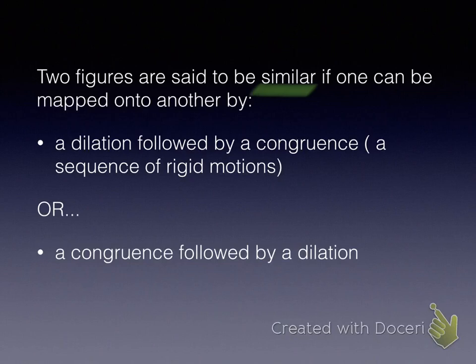Okay, so we're going to look at several examples now, and you're going to pull in what you did from Module 2 along with what we've been doing on dilations in Module 3, and we're going to combine dilations and rigid motions, the other transformations we studied, to show similarity.